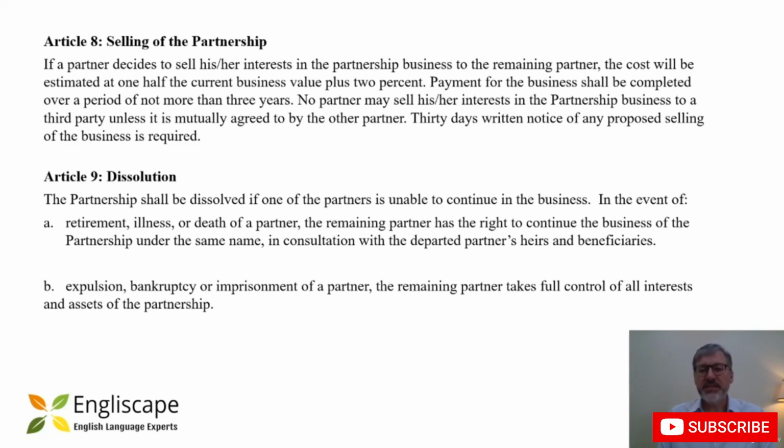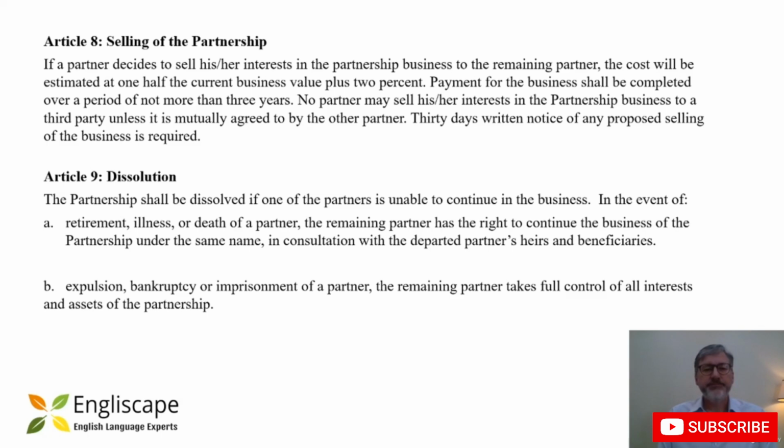Payment for the business shall be completed over a period of not more than 3 years. No partner may sell his or her interests in the partnership business to a third party unless it is mutually agreed by the other partner. 30 days written notice of any proposed selling of the business is required.